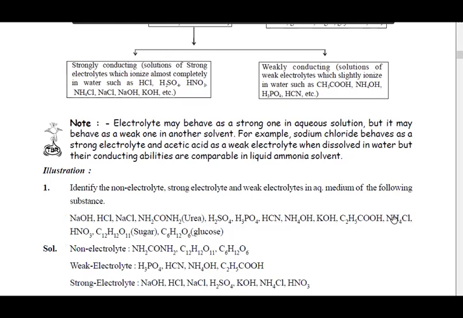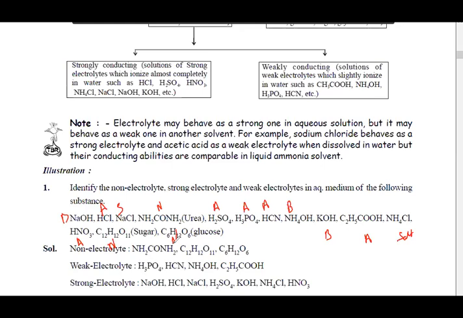Now, before that, I hope all of you can identify acid, base, and salt. Like this is base, this is acid, this is salt, this is a normal compound. Substance having OH minus is your base.